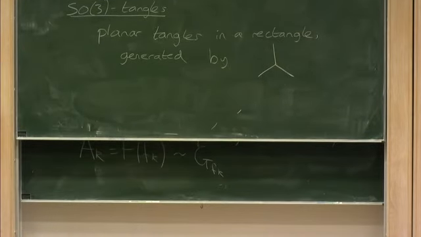So this trivalent vertex, these strings don't have an orientation as in the SU3 case. This is more like some of the pictures that Vaughan showed us on Monday.